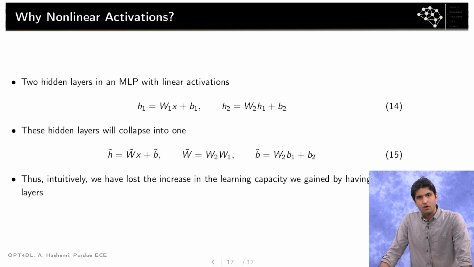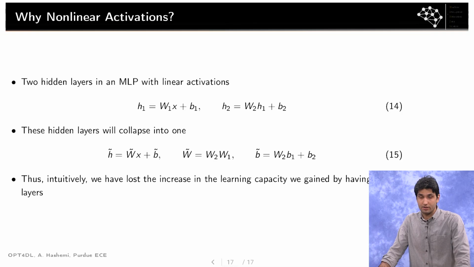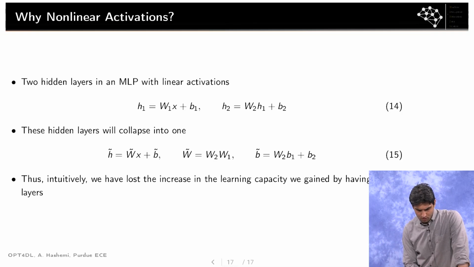All right. So I mentioned that we don't use linear activation to approximate the sign activation, and the reason for that is that if we do so, we're going to lose the increase in learning capability of our model. Okay, so let's see why that's the case. Let's consider a scenario where we have two hidden layers in our multi-layer perceptron with linear activations.